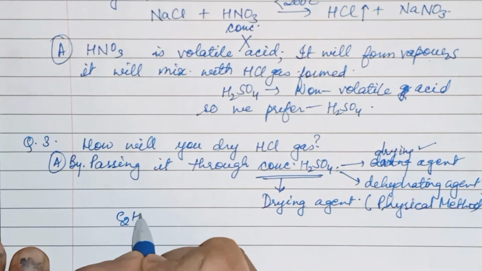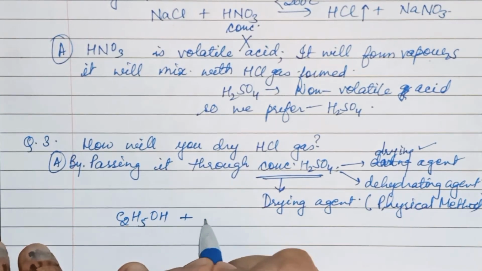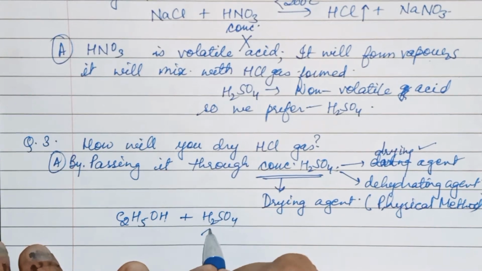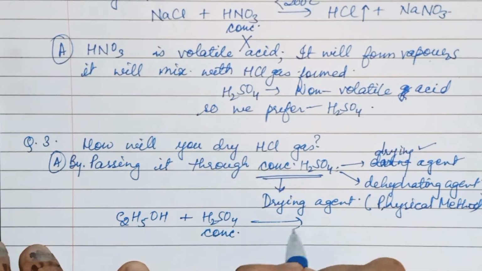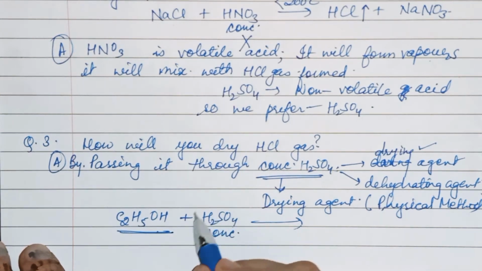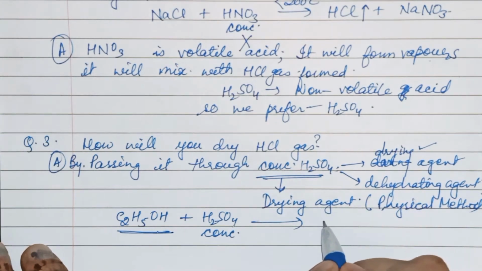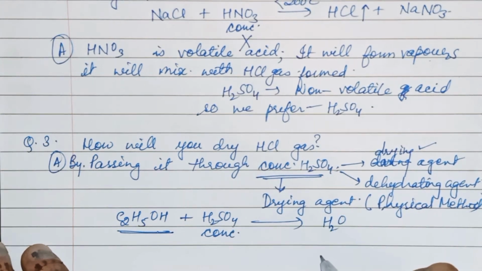See, when we are taking an alcohol, ethanol, and H2SO4 is added here, there is no water in that alcohol. But when this is added, it is acting like a dehydrating agent, and after the reaction, water is formed.